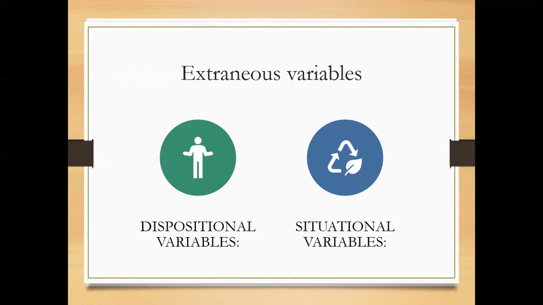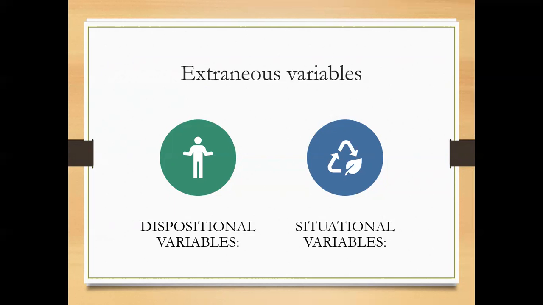So age is a dispositional factor. It's got to do with the person. And we have lots of different dispositional variables: age, intelligence, ethnicity, gender, even things like height, right? Everything has got to do with that person.